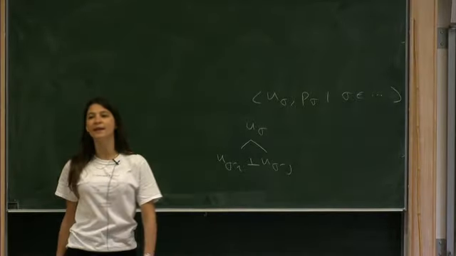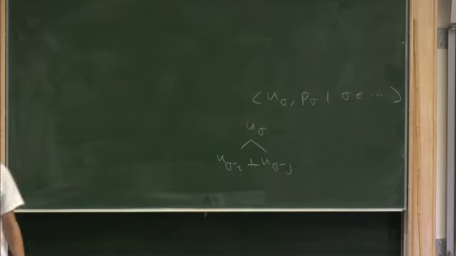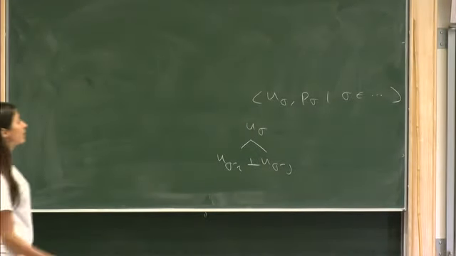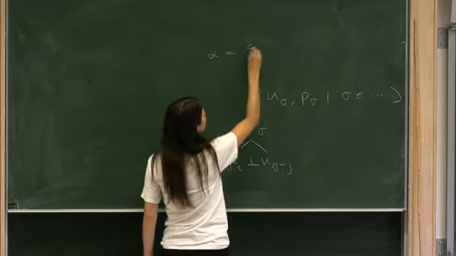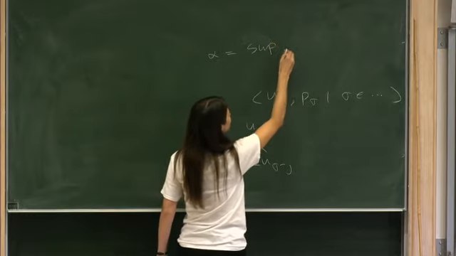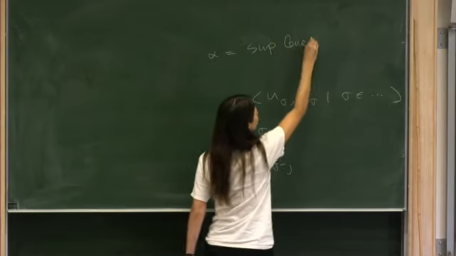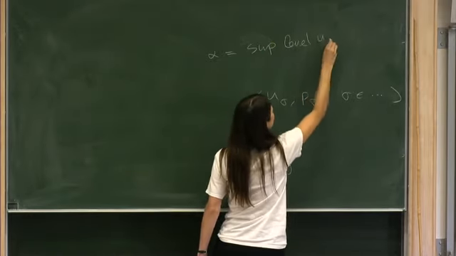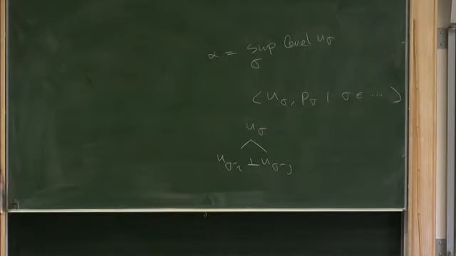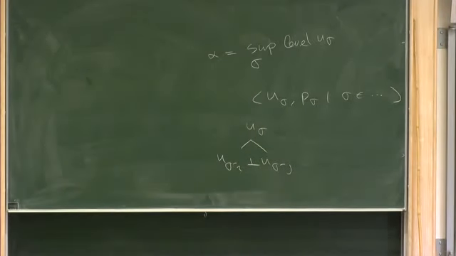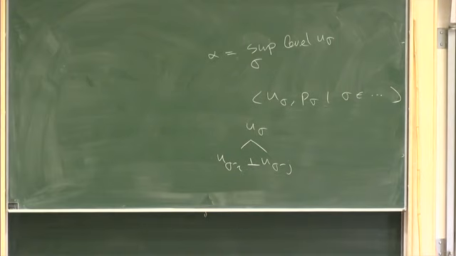So you build it, and then at the end, you take a level which is, say, the supremum of the levels in the tree of U sigma, and you have to make sure that your construction is such that this is below the height of the tree, and from there you do some pigeonhole principle using that the levels of the tree are not too big.